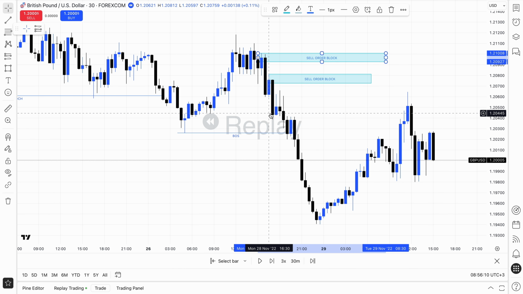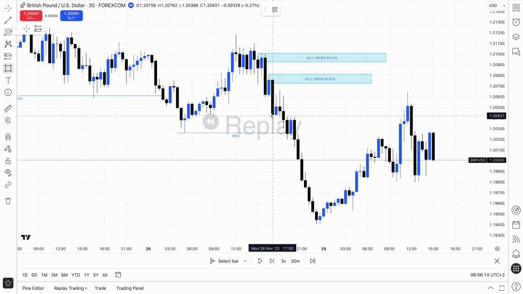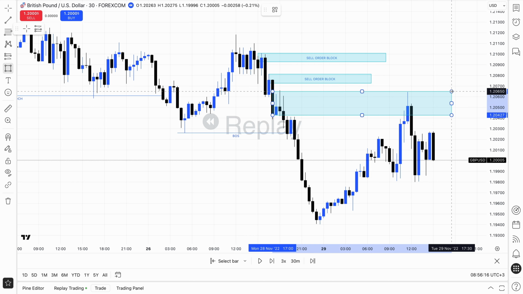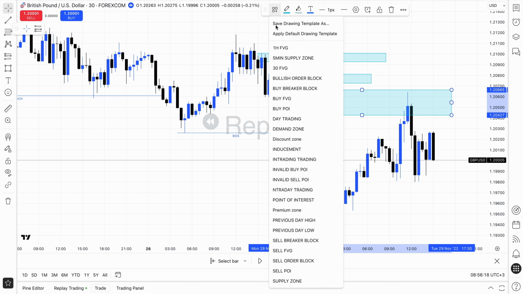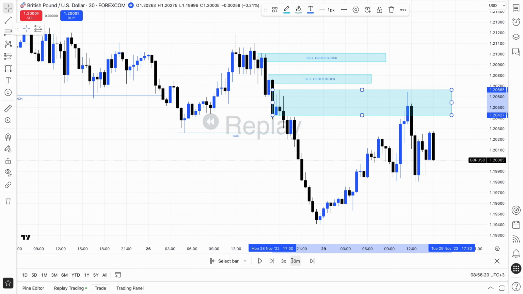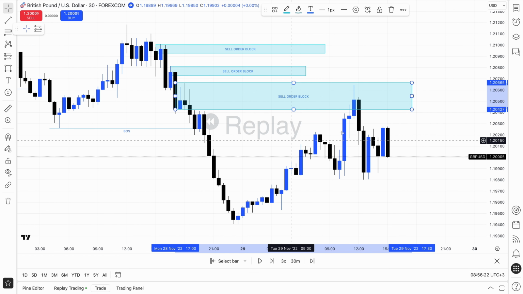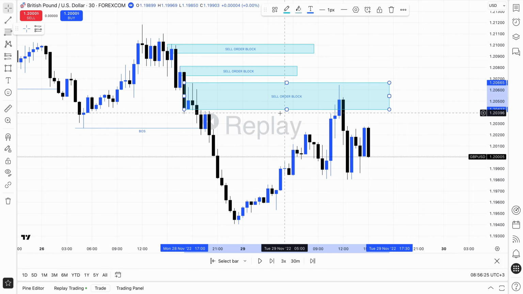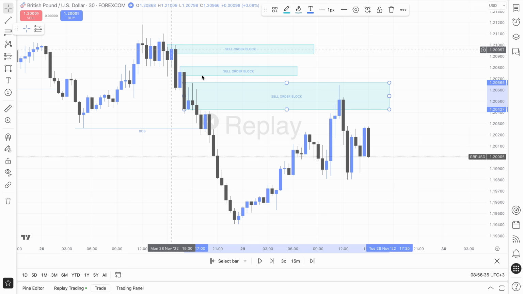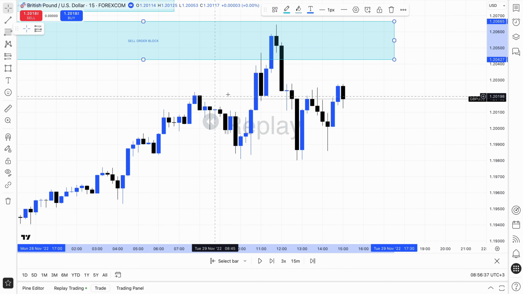Here we have this order block, and you had the order block just around here. And also, if you see, 30 minutes clean confirmation, what time is it here? 30 minutes clean confirmation, then 15 minutes.